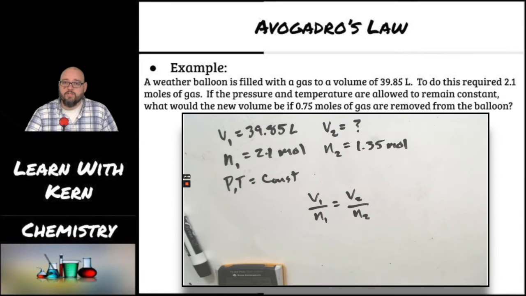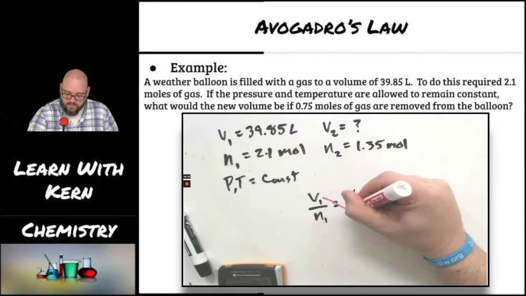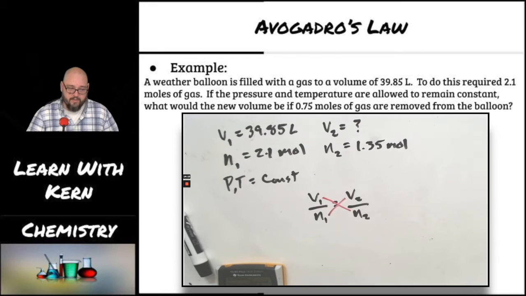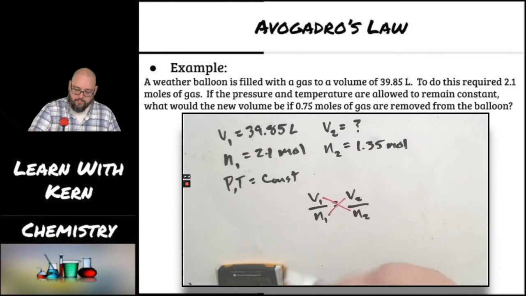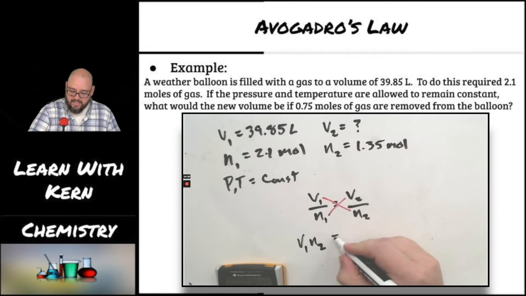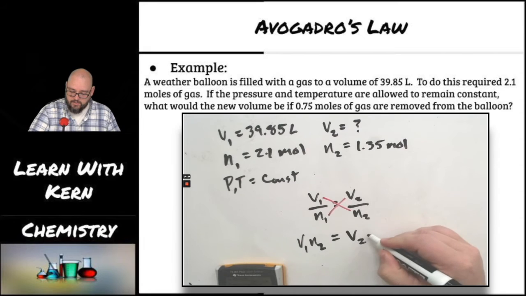So we're going to solve this just like we would any other proportion in math. I'm going to cross multiply, which gives me V1 times N2 equals V2 times N1.